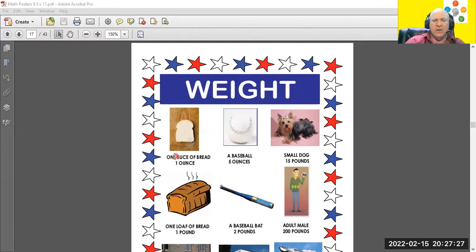So if one slice of bread is about the weight of 1 ounce, how do I make that connection? Okay, I've lost 1 ounce. That means I lost about the weight of a slice of bread. So don't eat that bread.